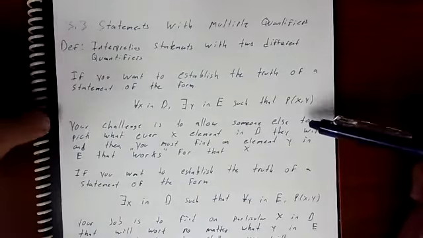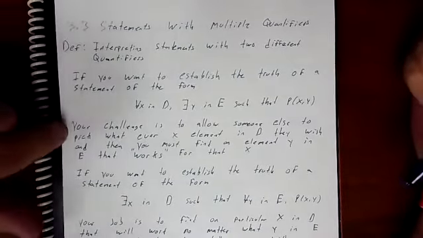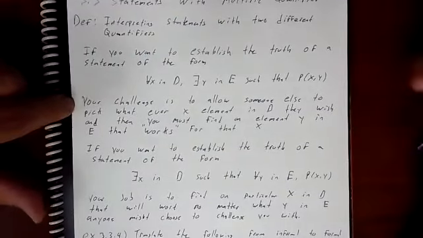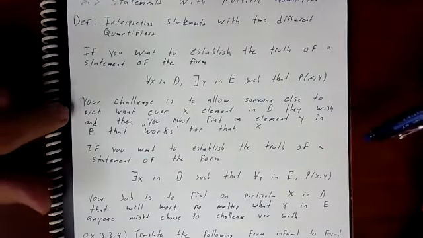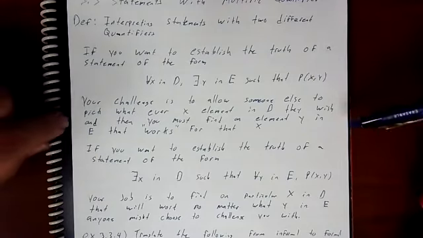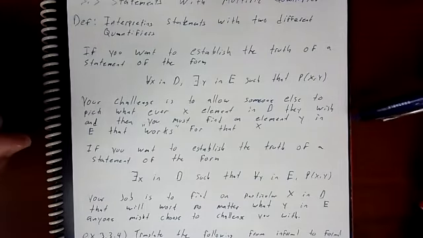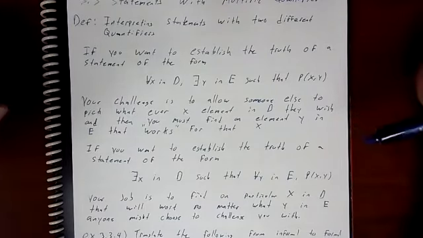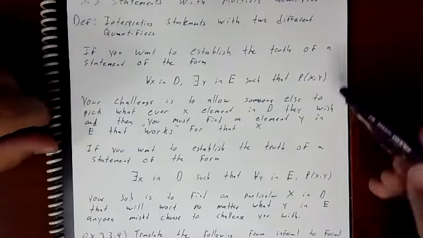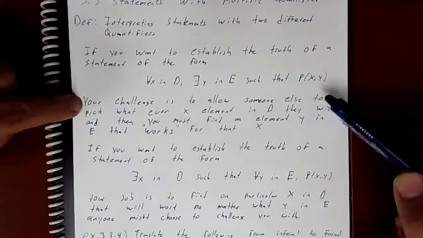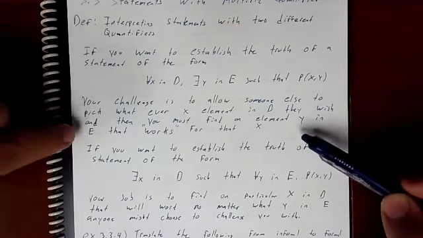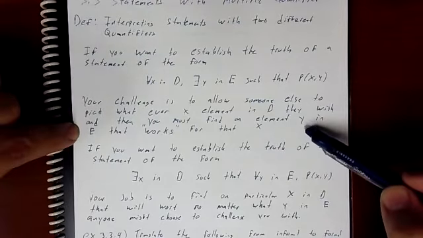That's what this is saying. In plain English, your challenge is to allow someone else to pick whatever x element in D they wish, and then you must find an element y in E that works for that x. So they can choose any x, but there's a specific y that works.